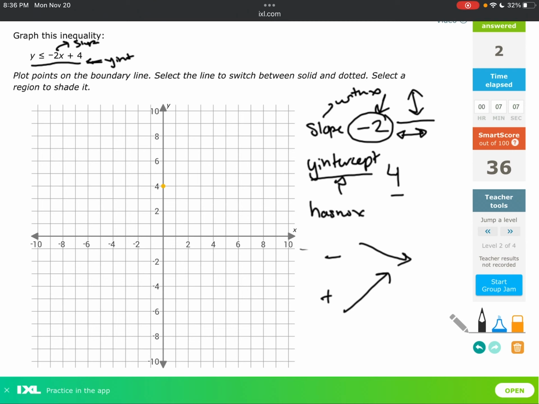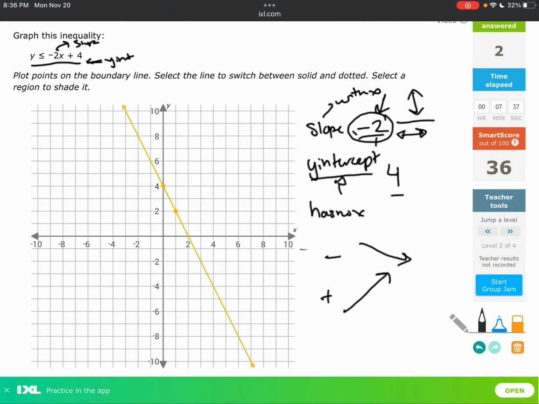So I have my intercept at 4, and now I'm going to graph my line. I'm going to go down 2 on this y-axis, so 1, 2. And then I'm going to go to the right 1 because I can put this over 1 if it doesn't have a denominator.